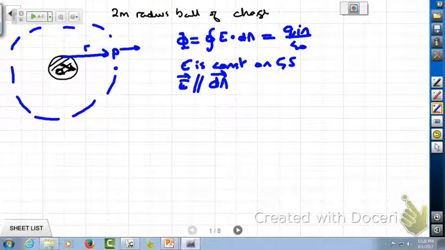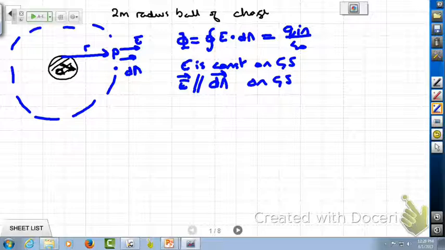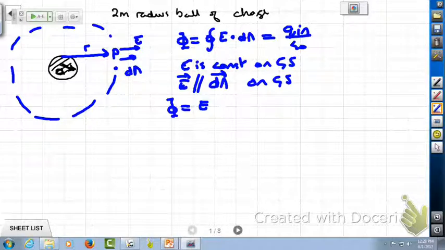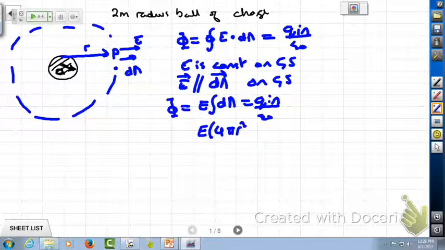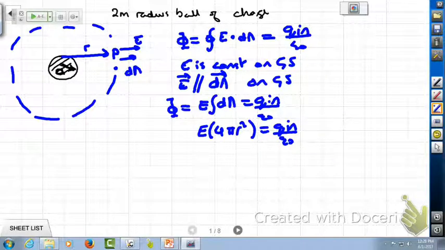There's my E, and here's my dA on the Gaussian surface. So this simplifies to the flux equals E times the integral of dA, which equals Q in over epsilon naught, and this is equal to E times 4 pi r squared, which equals Q in over epsilon naught.